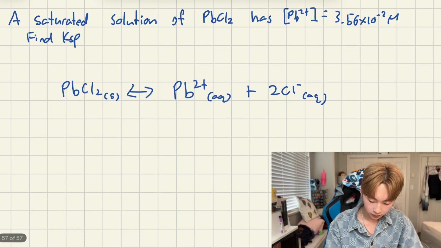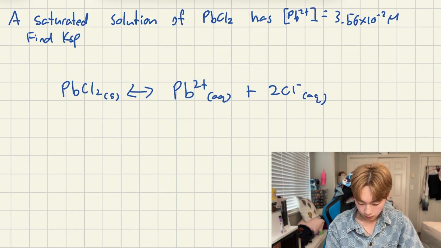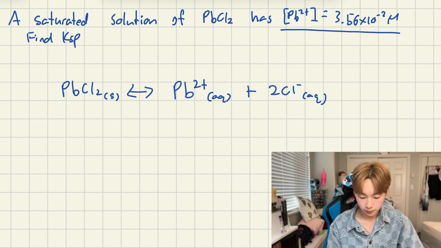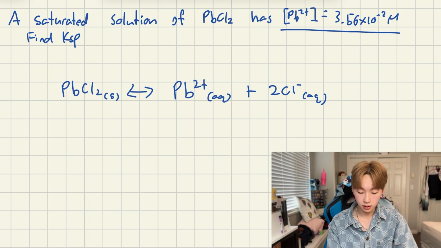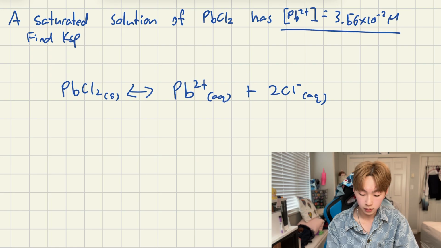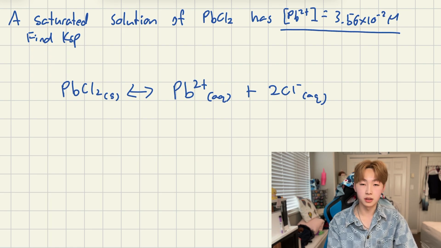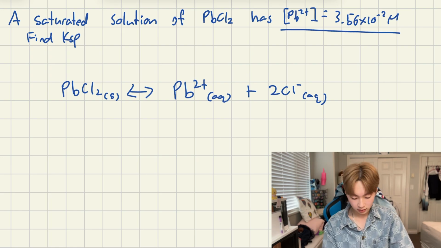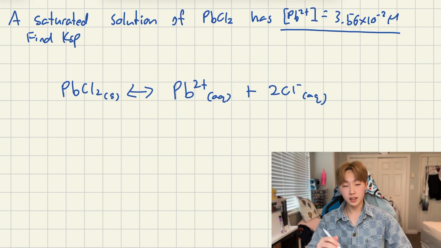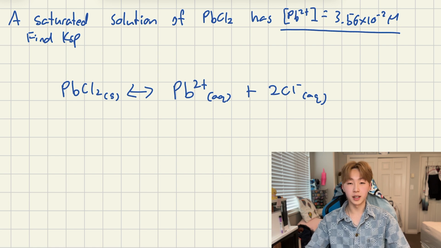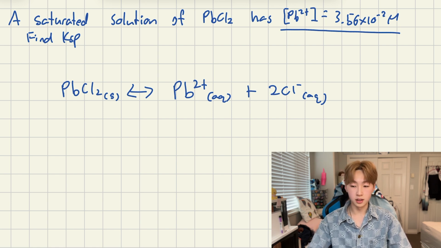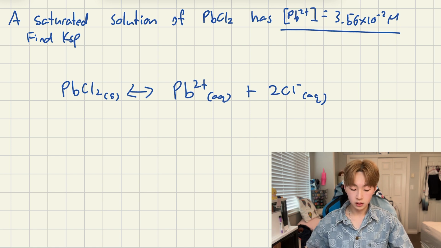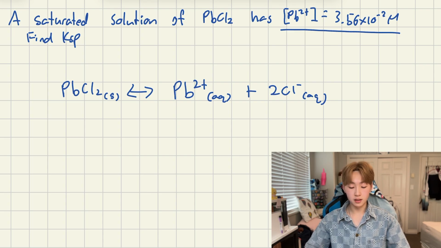So it says that our concentration of lead is this much, and we have to assume that this concentration came purely from dissolving the solid and not from anything else. So if I were writing a test and I had this question, I would write that I'm assuming that this solution was made by dissolving your solid, and the ratio of Pb ions is half of that of chlorine ions.